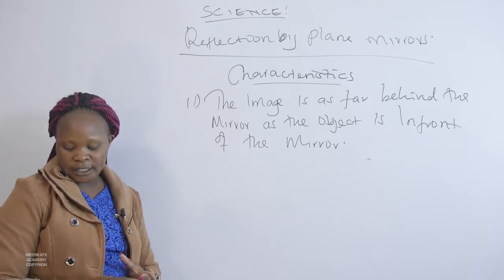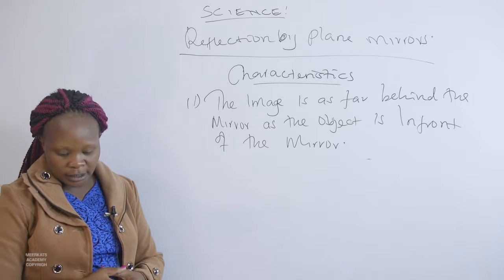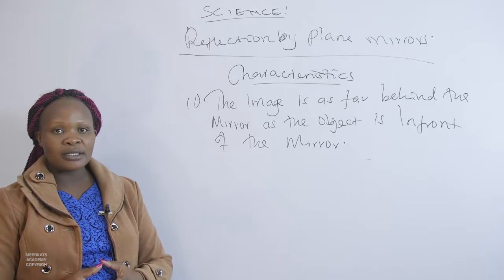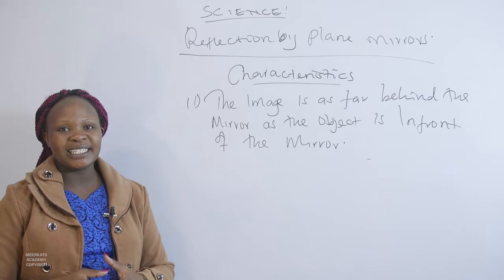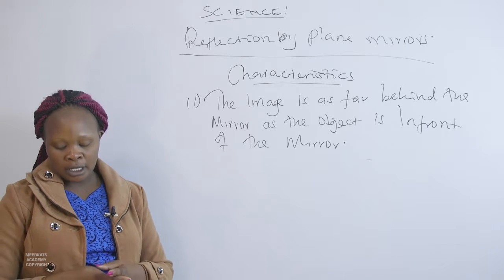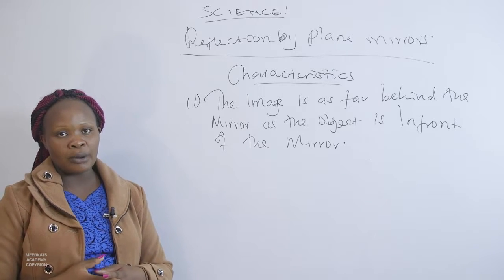That is the first very important characteristic, and that one tells us the relationship between the image distance and the object distance relative to our mirror.